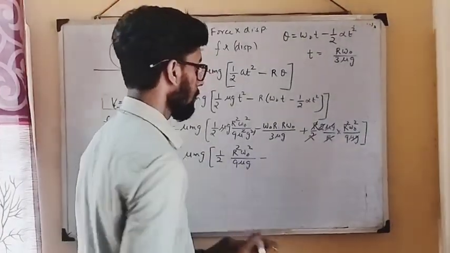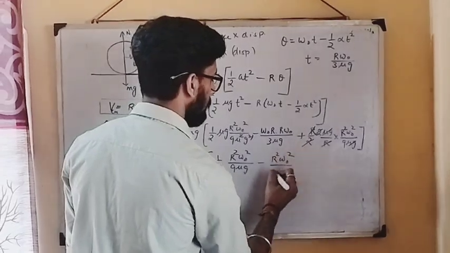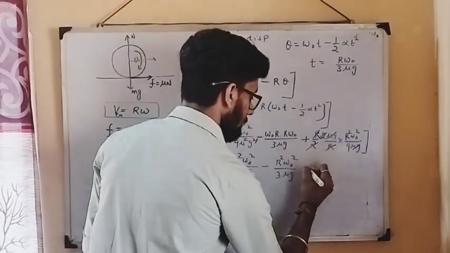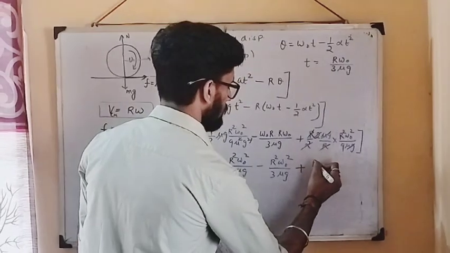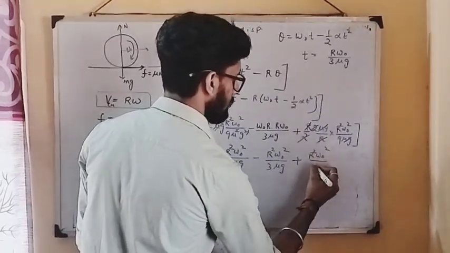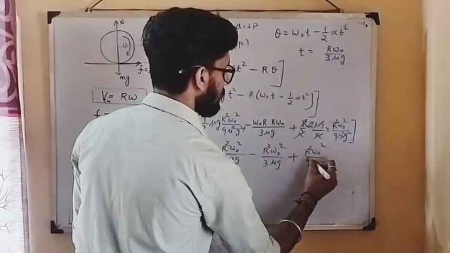Minus omega naught r omega naught, that will be equal to r square omega naught square upon 3 mu g plus r square omega naught square upon 9 mu g.